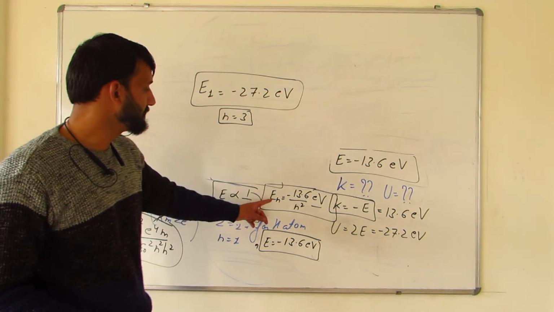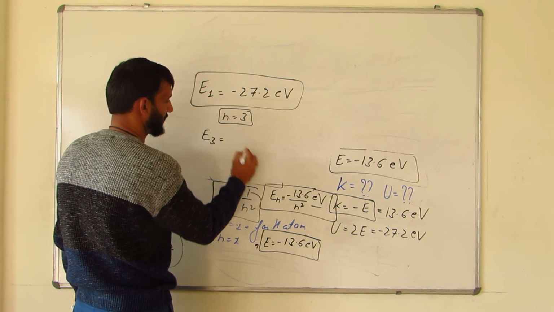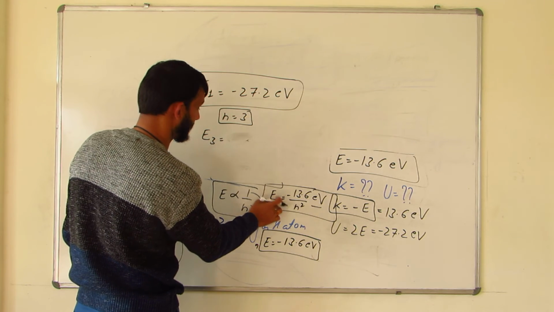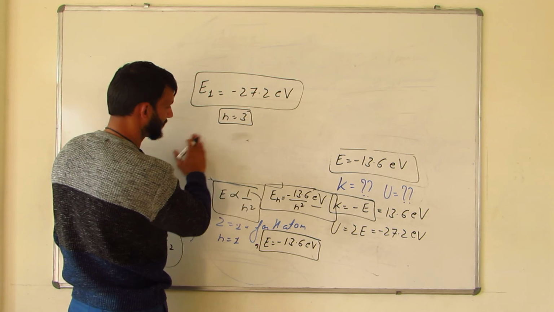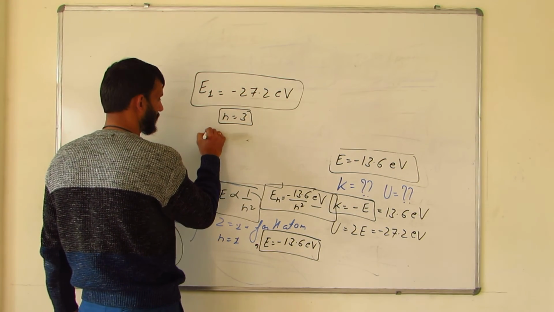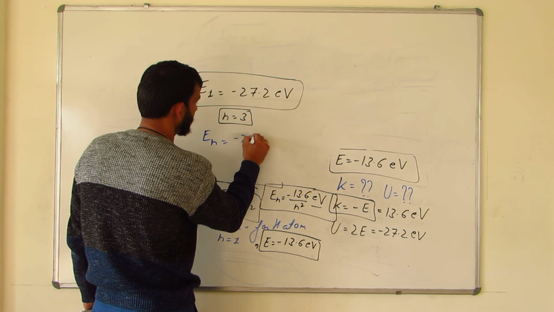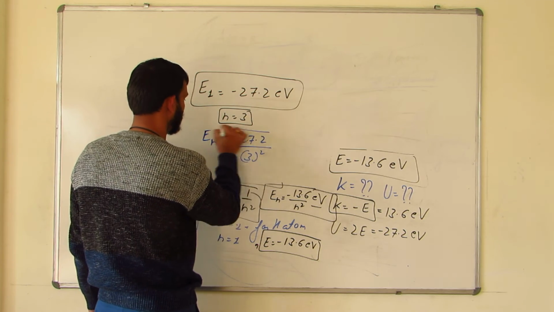So what you do, simply use this relation, and E3 will be nothing but minus 13 using this relation. The energy in the third orbit you have to calculate and the total energy is given. So this will be minus 27.2 upon 3 square.